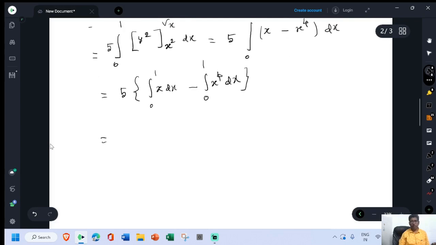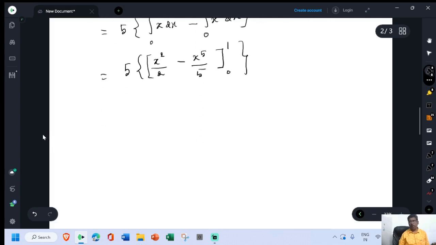This is equal to 5 into x square by 2 minus x power 5 by 5, limits from 0 to 1. This is 5 into 1 by 2 minus 1 by 5.